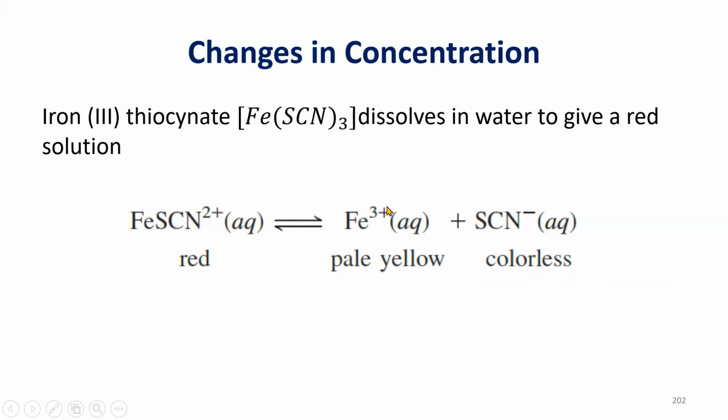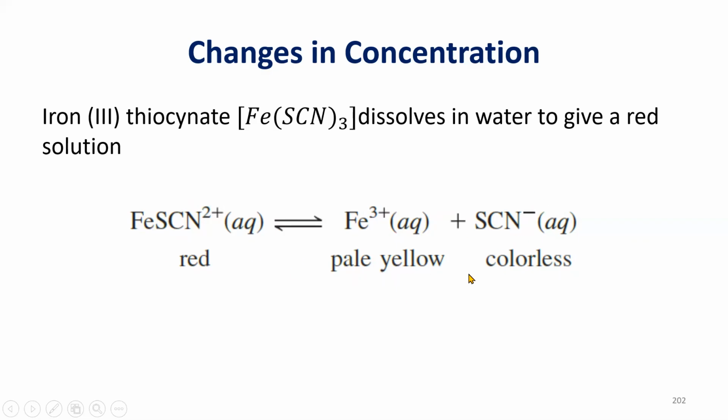So any disturbance on this equilibrium for this particular ion can be observed by the changes in the color. Okay, so in itself it is red, but it dissociates to give us iron(III), which is pale yellow, and thiocyanate, which is colorless.